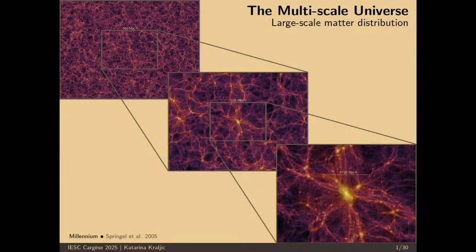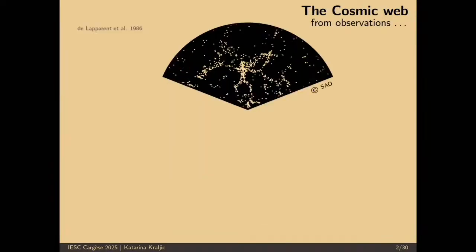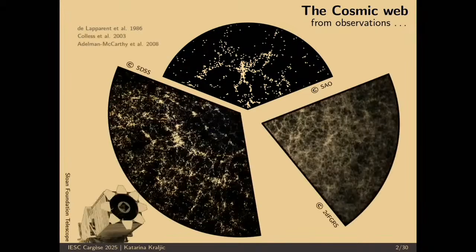So in fact, just to give you a little bit of perspective on that, this type of distribution of matter was for the first time observed in something like the 1990s. This was the famous map of the first CfA redshift slice that really provided the first observational evidence for the existence of what we call today the cosmic web. Then, of course, with all the large galaxy redshift surveys, this picture was greatly improved, and they clearly established that, yes, indeed, galaxies are not randomly distributed in the universe.